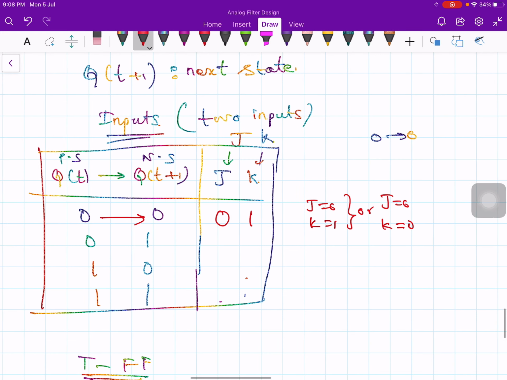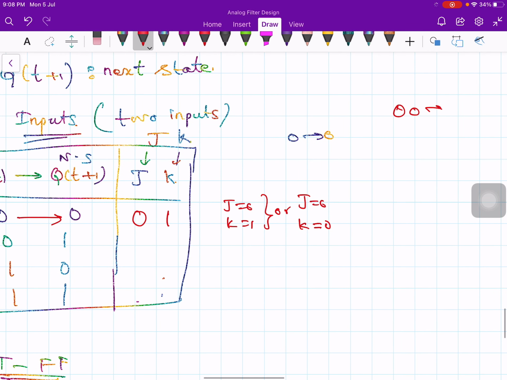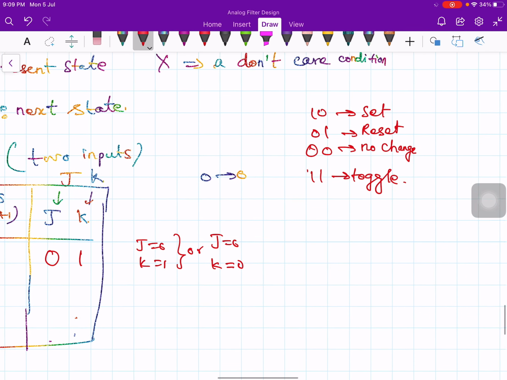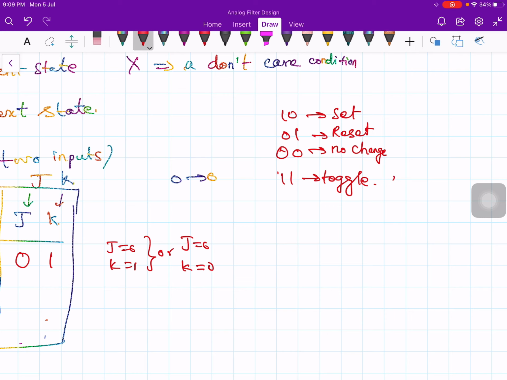We know that from JK flip-flop, 0 0 means no change, 0 1 means reset the flip-flop, and 1 0 means set the flip-flop, 1 1 means toggle the flip-flop. Recall the operation of your JK flip-flop. Toggle means what? Q of t becomes Q of t bar.